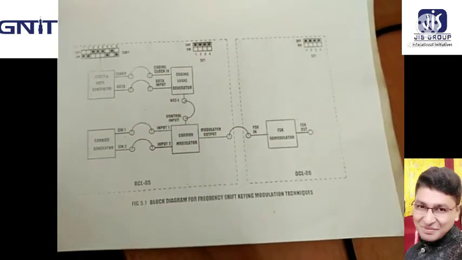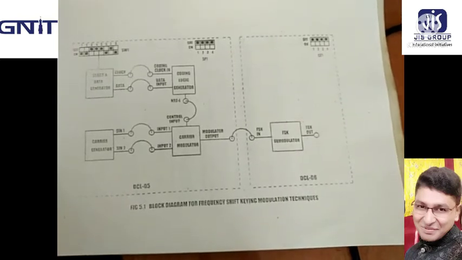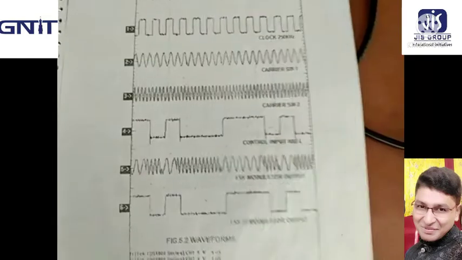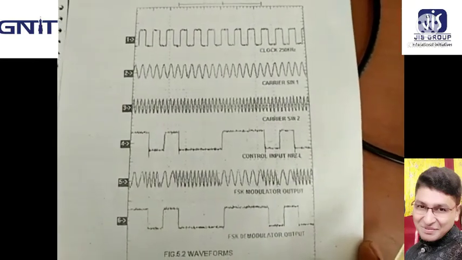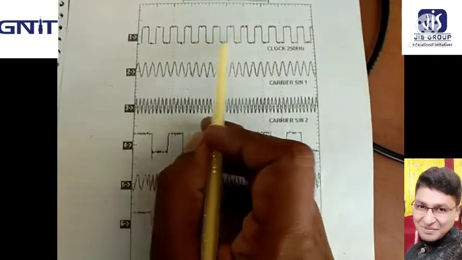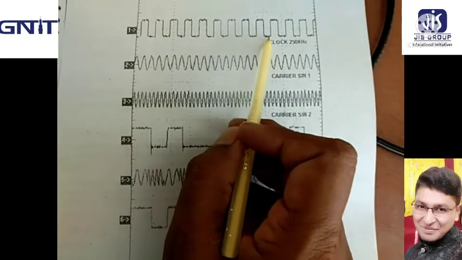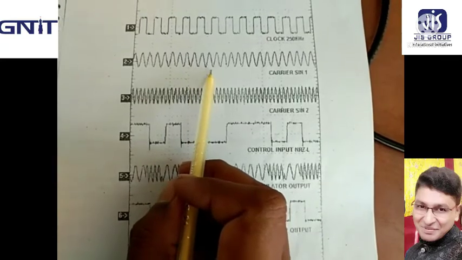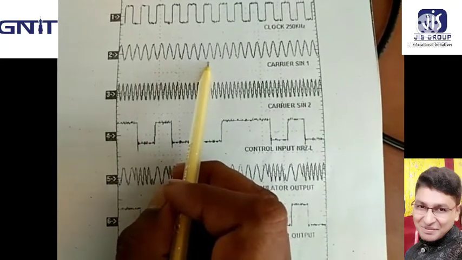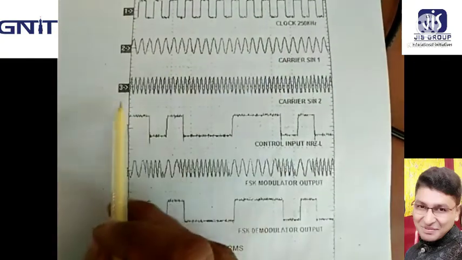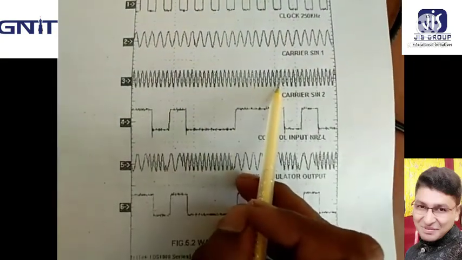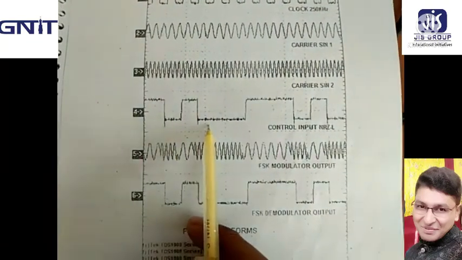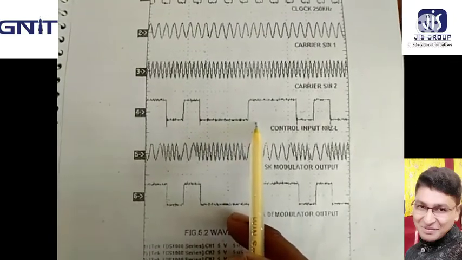This is our circuit diagram or block diagram. This is our waveform. First one is the clock signal, then second is our carrier signal 1, and third one is carrier signal 2, that is our analog signal, and fourth one is the control input or message signal.